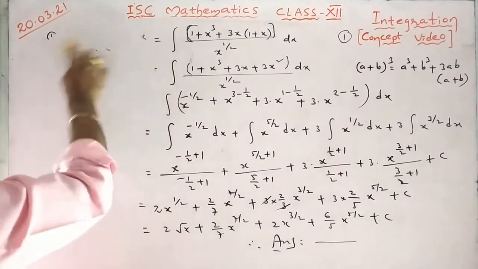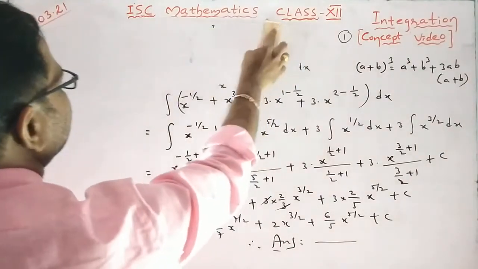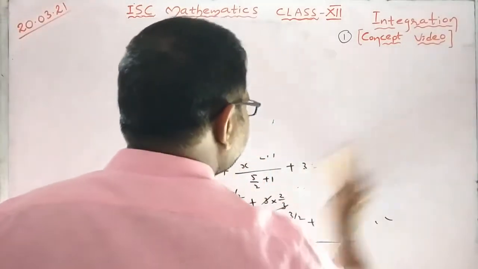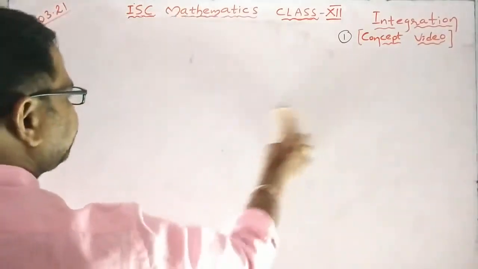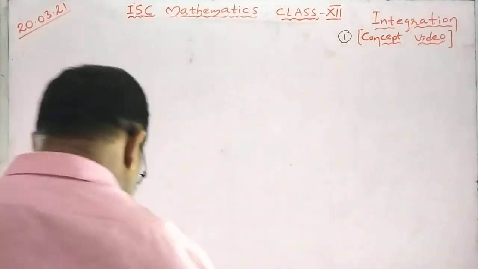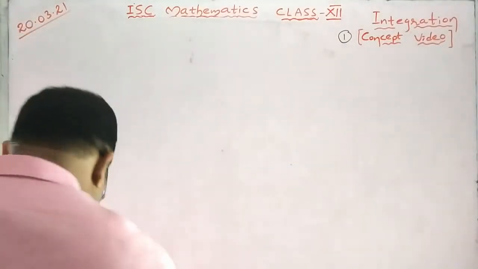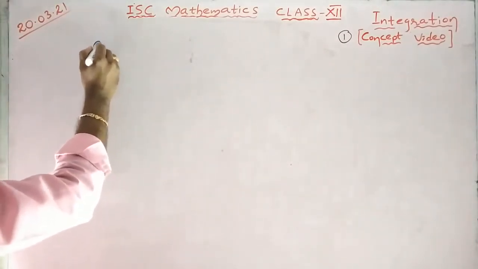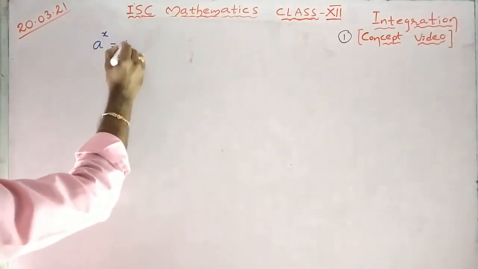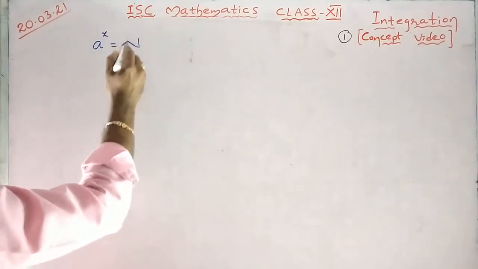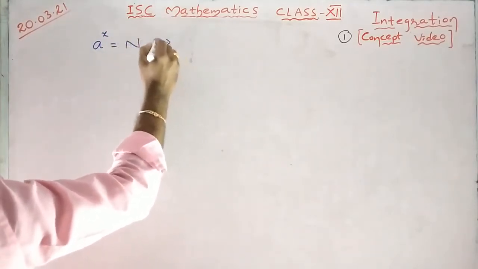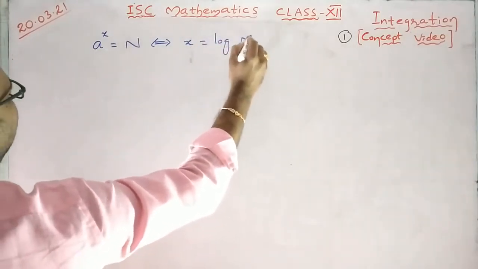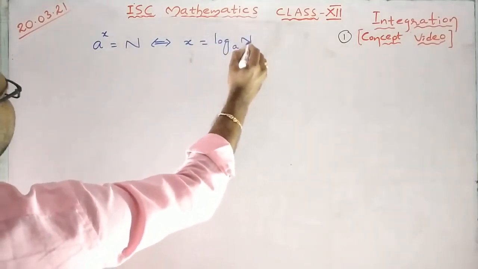Okay. Let us see one concept, using logarithms. What is the definition of logarithm? If a to the power x equal to n, then x is said to be logarithm of n to the base a.